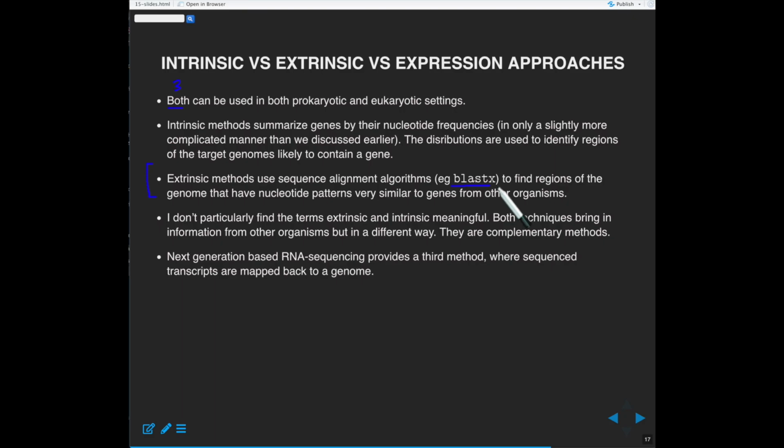So these are really kind of complementary approaches. Extrinsic methods are really powerful for finding genes that we already know about, right? So we all expect that we're going to have ribosomal subunits. We're all going to have a proteasome. Some of these things are ubiquitous. Not everybody's going to have a nucleus, but if you're in the eukaryotes, everybody's going to have a nucleus by definition.